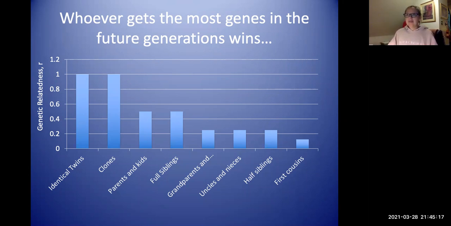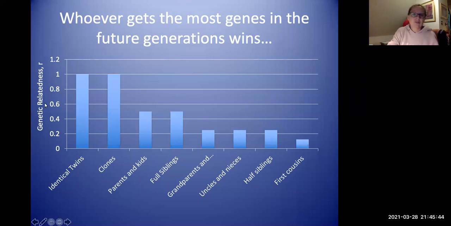Anytime you've seen a family together and one kid looks like it doesn't belong in that group, you're like, oh, something went wrong there. Maybe, or maybe one of the eggs or one of the sperms was just really different, because that is a thing that can happen. So that means that siblings can be more than 50% related or less than 50% related. But on average, siblings share 50% of their genes.